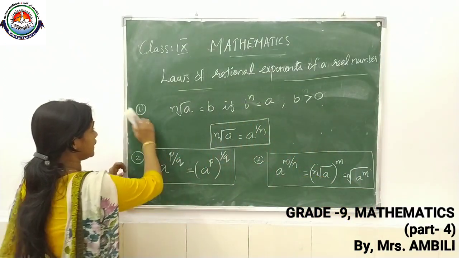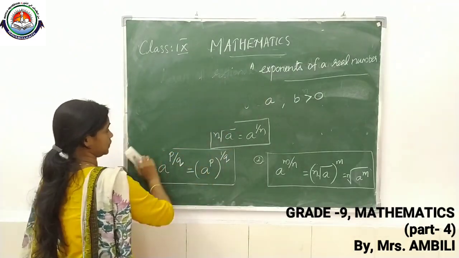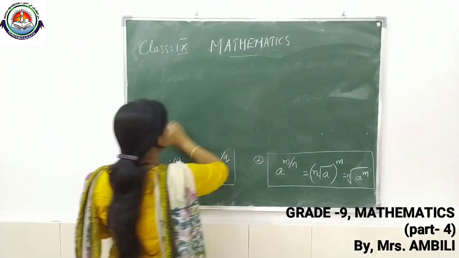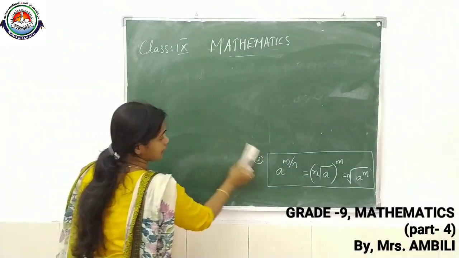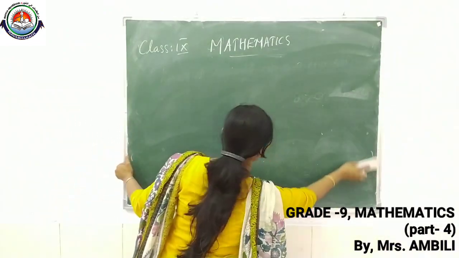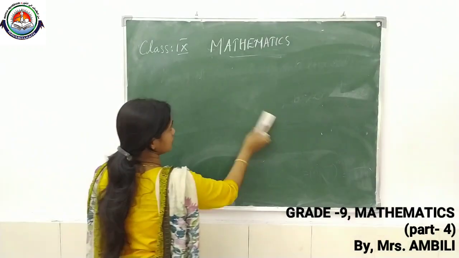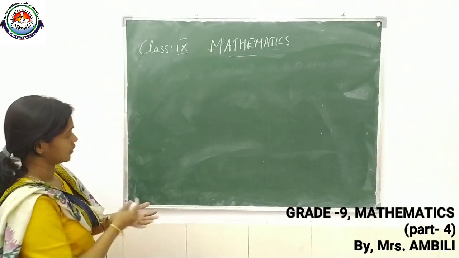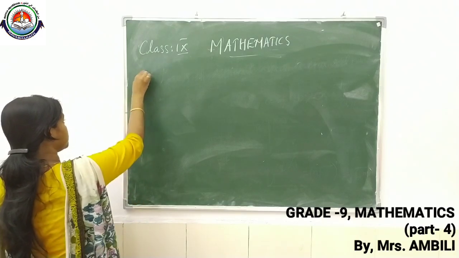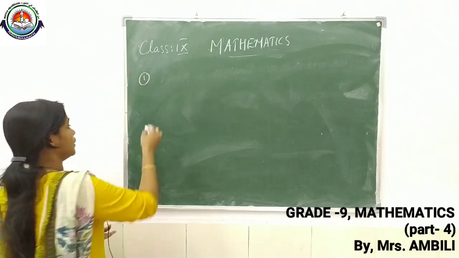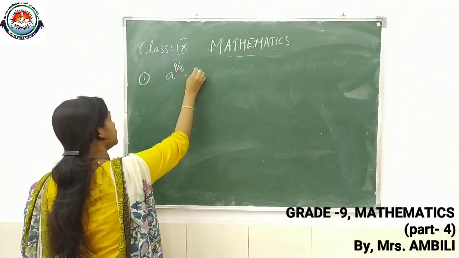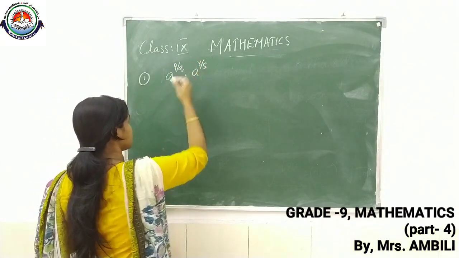Okay. Next we can go through some laws of rational exponents. Write the first one: a raised to p by q into a raised to r by s.